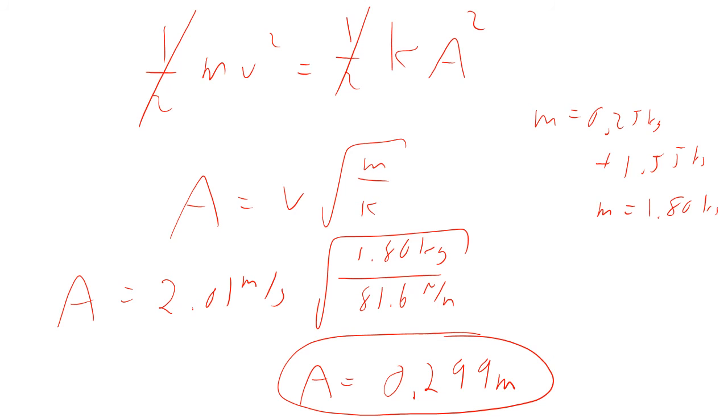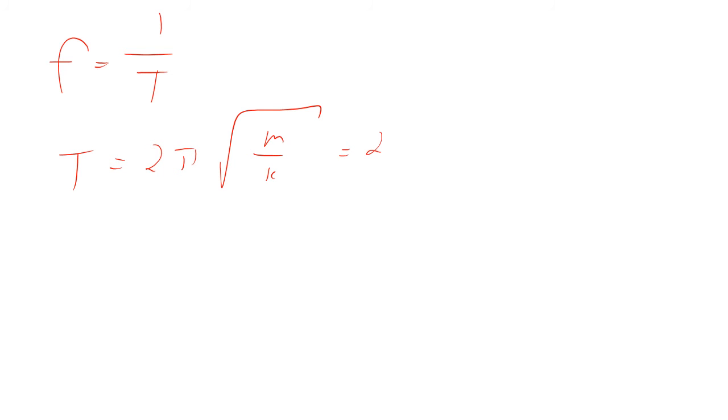Okay. So a couple other questions. What was the period or the frequency of the oscillation? To find the frequency, that's 1 over the period. The period is 2 pi times the square root m over k. So that's going to be 2 pi times the square root of the 1.8 kilograms divided by 81.6 newtons per meter.